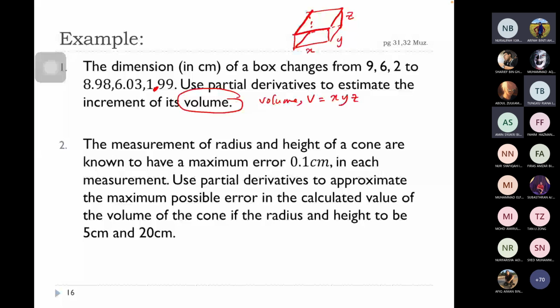Okay. Dan kita nampak X, Y, Z ni berubah daripada 9, 6, 2 change kepada 8.98, 6.03 dan juga 1.99. So kita nak dapatkan delta V. Okay.